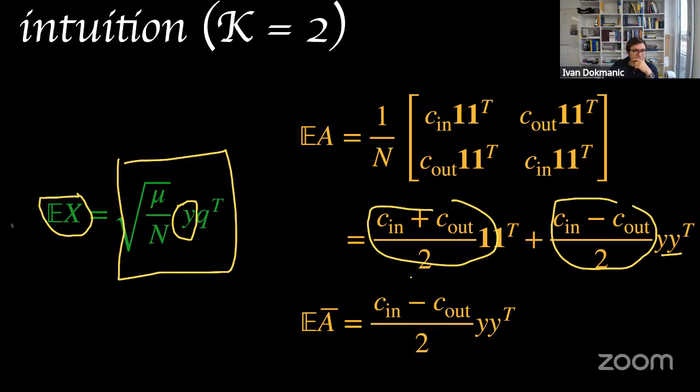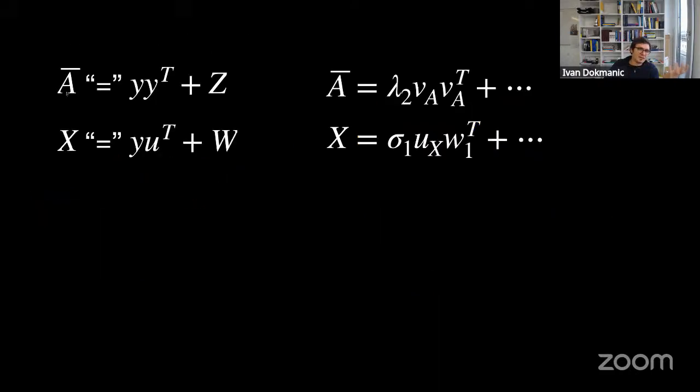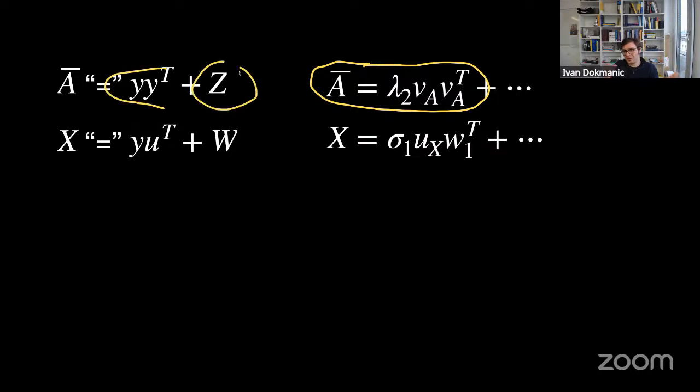So let's try to use this to build an algorithm. Morally, our A bar is something that has labels in its column space plus some noise. And X is morally also something that has labels in its column space plus some noise. Of course, if you just do an eigendecomposition of A, you're not just going to get labels. You're going to get some eigenvector that combines labels and this noise; the noise will pour into this eigenvector.